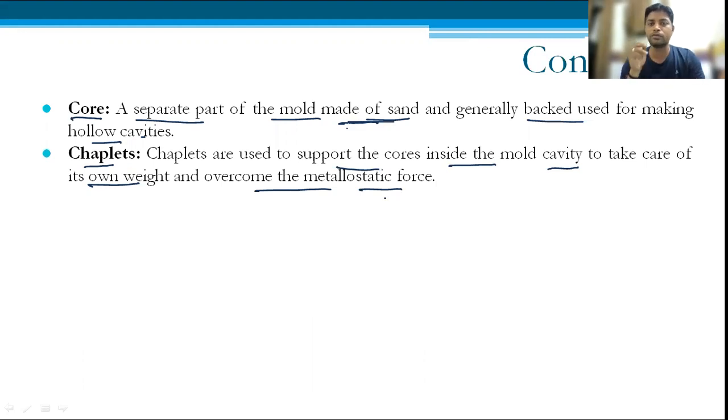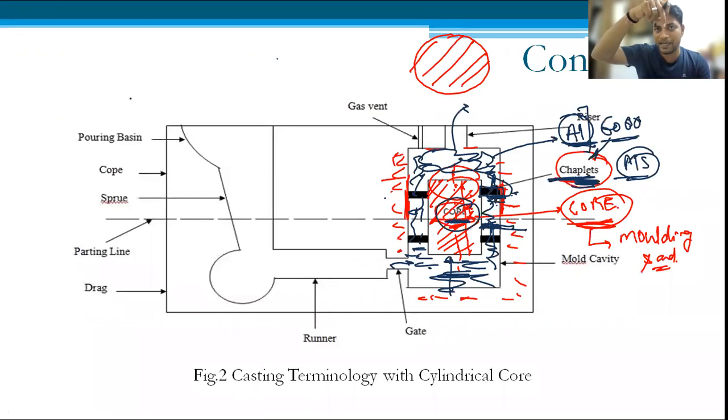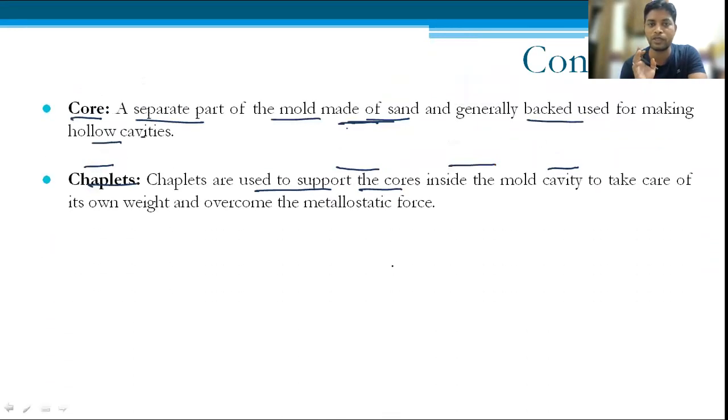Metallostatic force means that if we just hang the core for the time being, and the molten material is filled, then we have to wait for solidification up to a point. When it is solidified and the core is hanging, we can continue filling, so the liquid material will not enter this side. That we have to avoid. That is the meaning of metallostatic force.